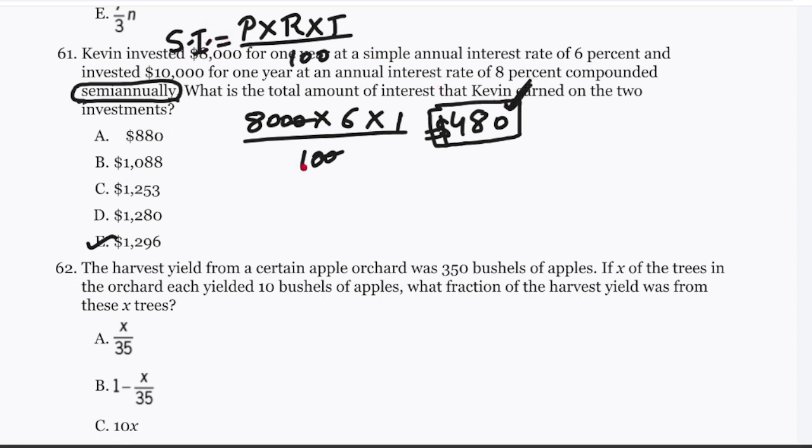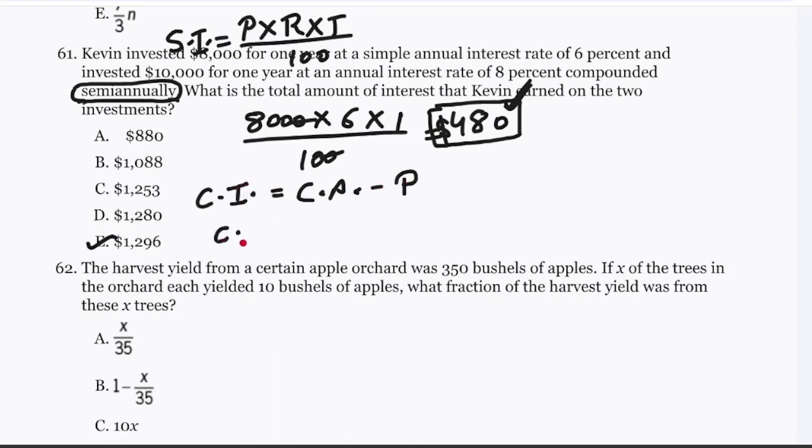Now, for compound interest, actually, we have a formula of compound amount. So we have to find compound interest. Compound interest is equal to compound amount minus principal, because we don't have a direct formula to find compound interest.